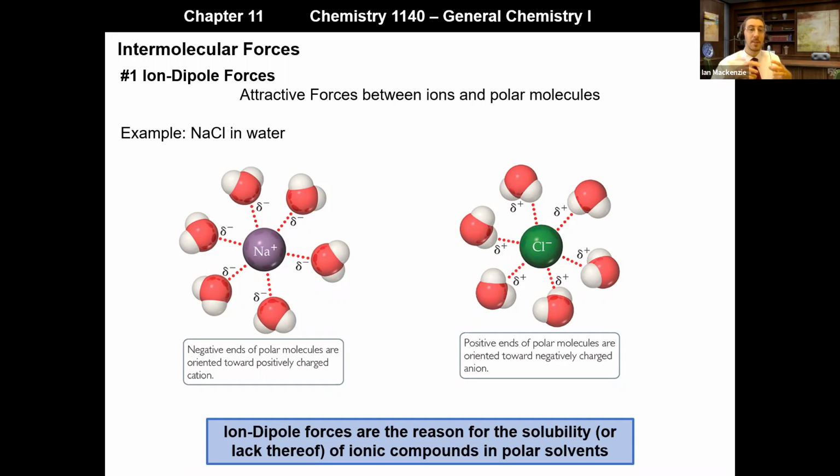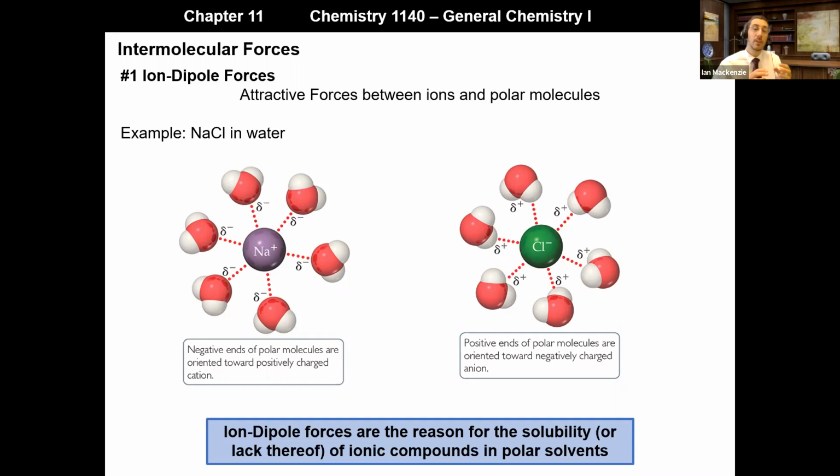However, if the amount of energy that you get from the ion dipole interactions is less than the ionic bond strength, then that compound will not be soluble in that solvent. So this explains why compounds like lead iodide are not soluble in water versus other ionic compounds that are.